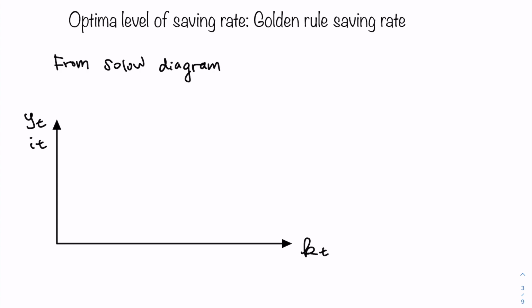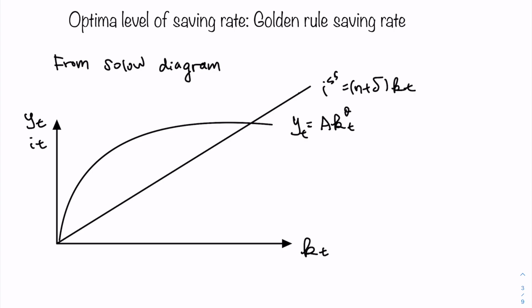As you may recall from what we already learned, when we draw the Solow diagram, we need to draw the output curve, which is the output equal to AK to the power of theta. We also have the steady state condition, which tells us, if we want to stay at a certain level of K, what the investment required to stay there should be.